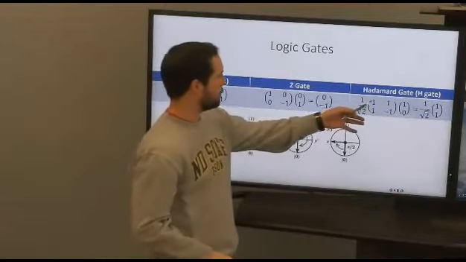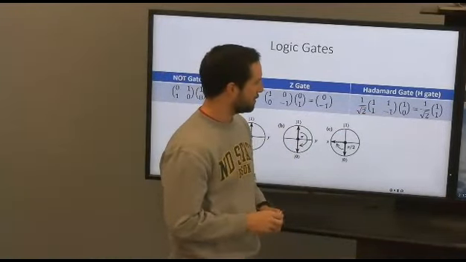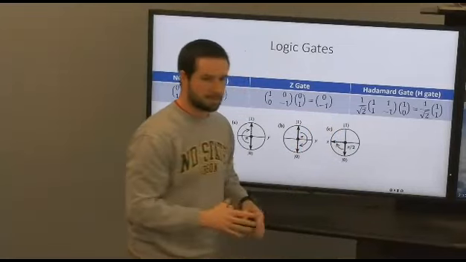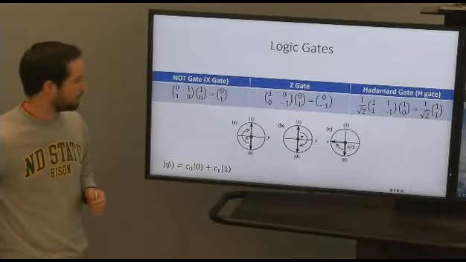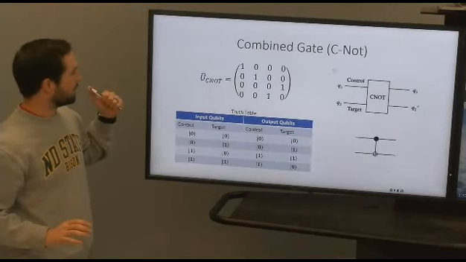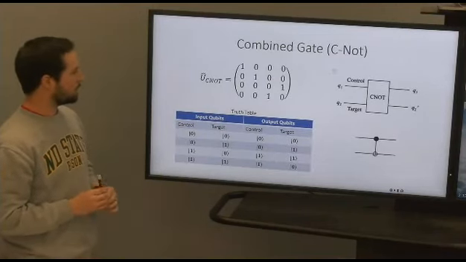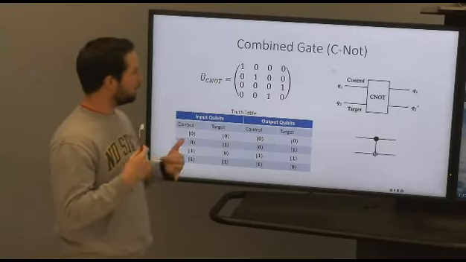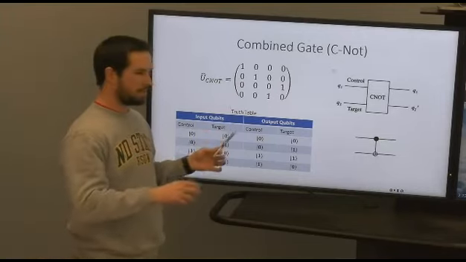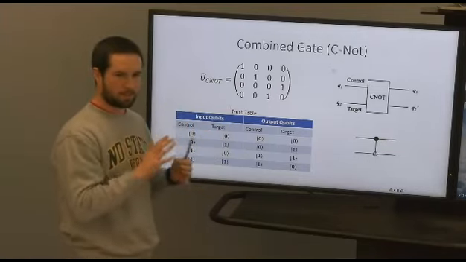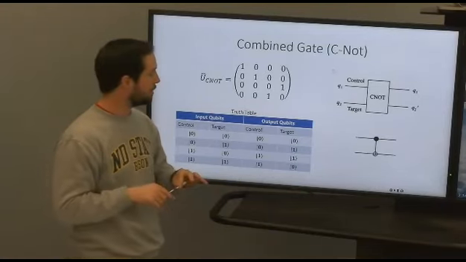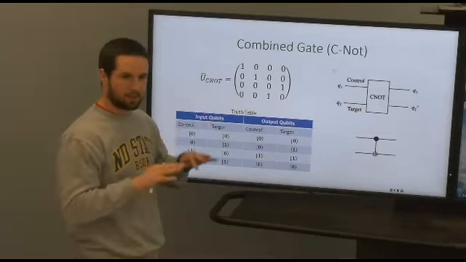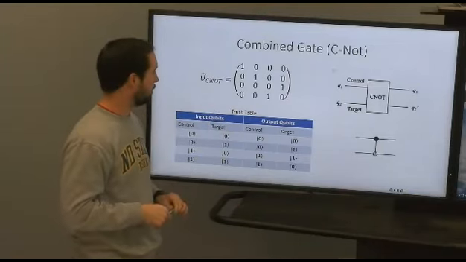And then the Hadamard gate, we can apply these to get different states within our system and can kind of control the states. Then there's the combined gate, the CNOT gate, which I don't exactly know how, but apparently with this gate and the 3 other gates, those are the basis of what you need to build up a quantum computer.